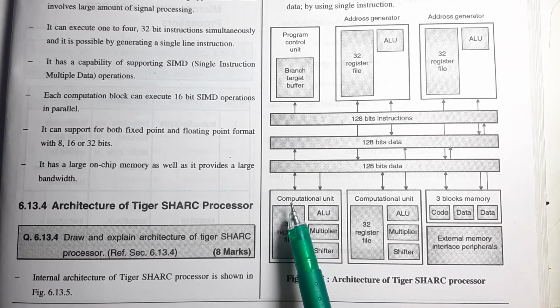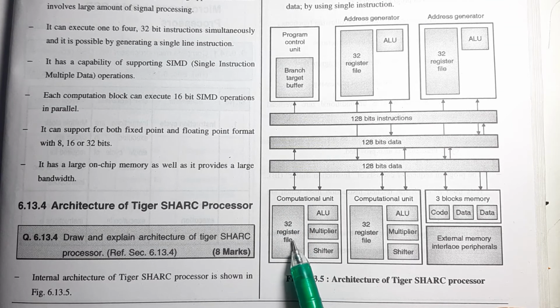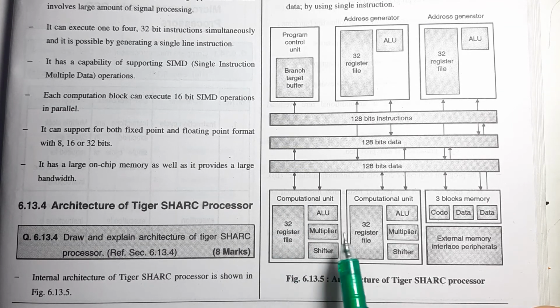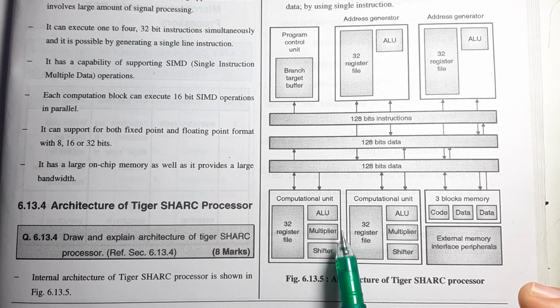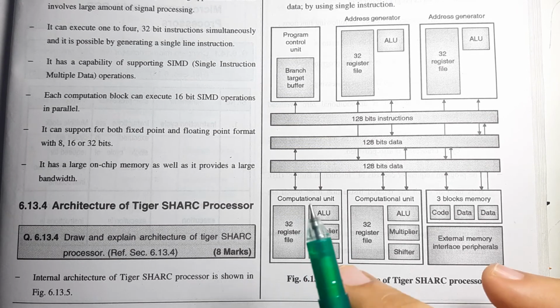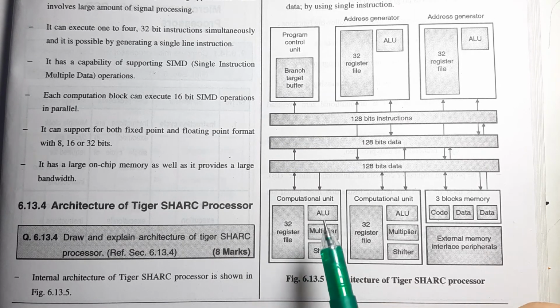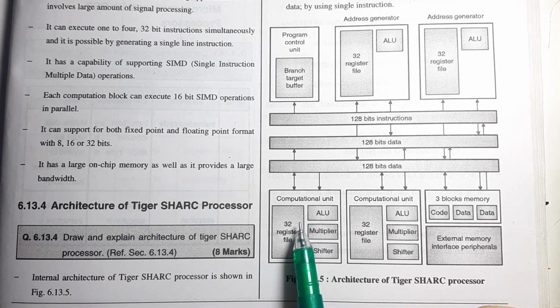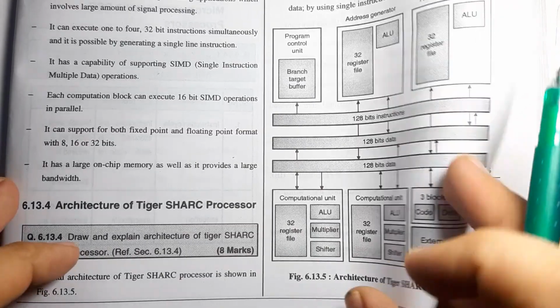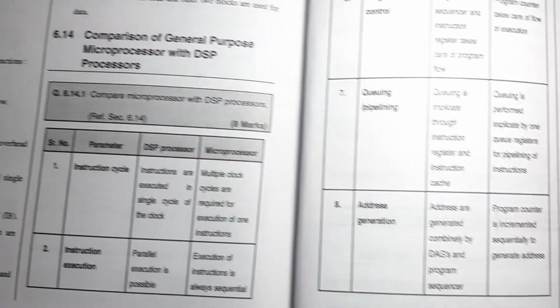If the input is 64-bit, then two 32-bit register files are concatenated, and 64 bits are generated. Sometimes an arithmetic operation is carried out on different data by using a single instruction.